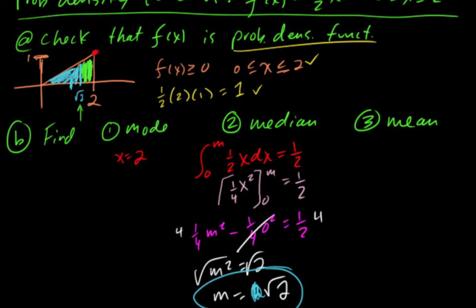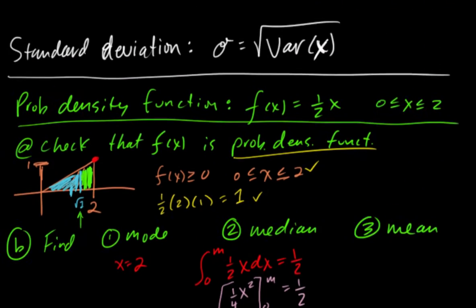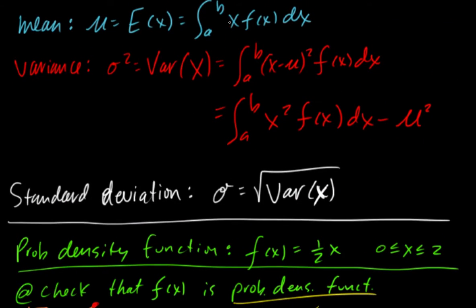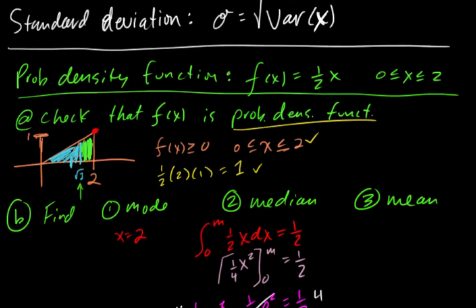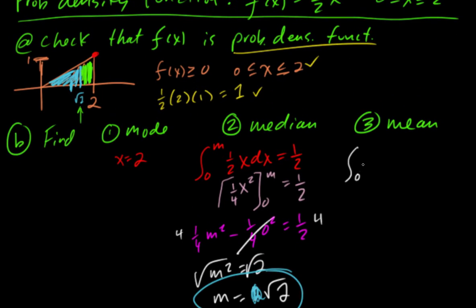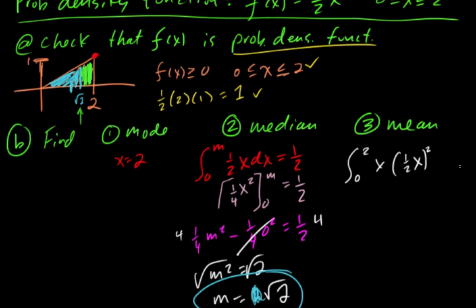And for the mean, go back up here. We just need to find the integral from a to b of x times f of x. So a and b are 0 and 2. And then we do x times f of x. So we multiply the x's together.